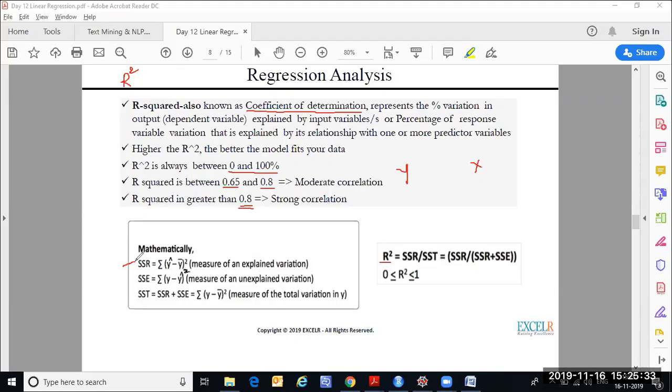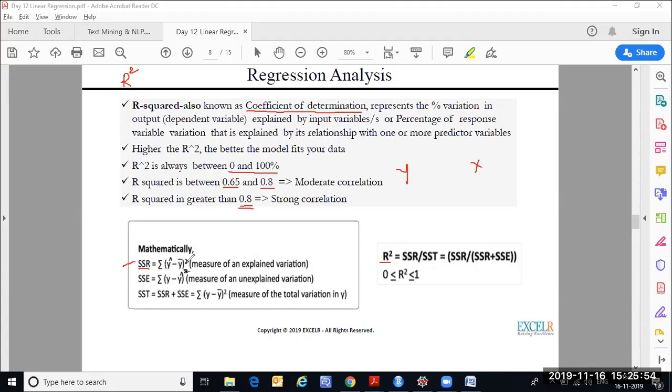This SSR is nothing but the sum of squared residuals. What is a residual here? It is the difference of the predicted values, y cap, minus the average of that value, which is y bar.